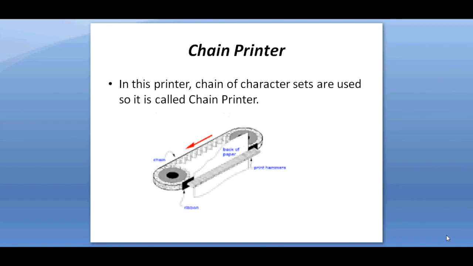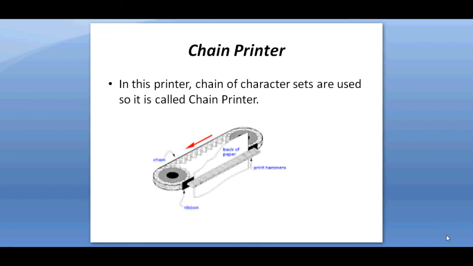Chain printer. A chain printer uses a chain of print characters wrapped around two pulleys. Like the drum printer, there is one hammer for each print position. Inside the printer, the correct character appears at the desired print location on the page. The hammer then strikes the page, pressing the paper against a ribbon and the character located at the desired print position.